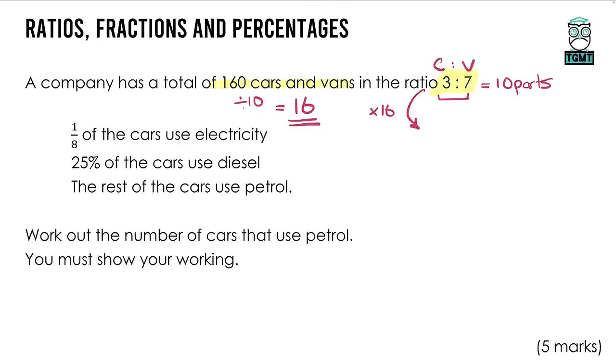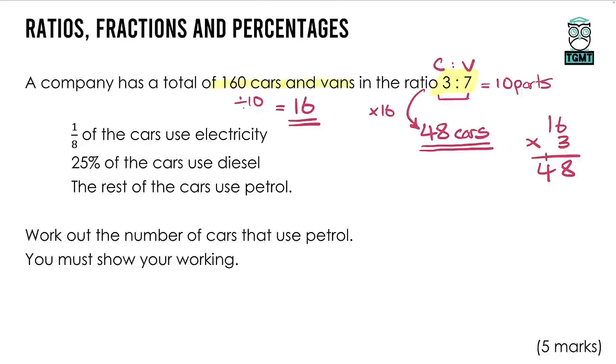So 3 times 16, taking our time to work this out as well, 3 times 6 is 18, 3 times 1 is 3, plus the 1 is 4. There are 48 cars. We don't necessarily need to know the vans for this question because it now starts asking us about the cars. But let's just keep that really clearly labelled that there are 48 cars.